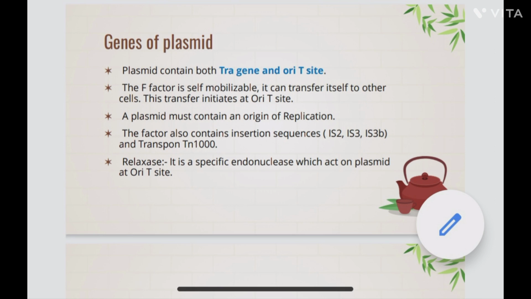This transfer initiates at the oriT site. This oriT site is the origin of transfer site. The factor also contains insertion sequences and transposon Tn1000. The oriT site is cut by a specific endonuclease, which is known as relaxase endonuclease.